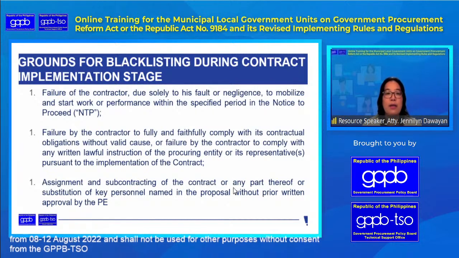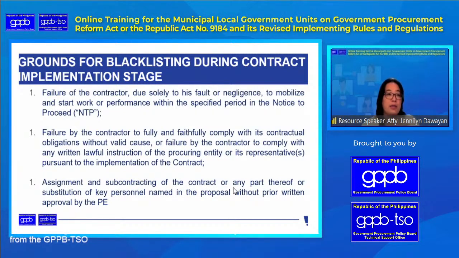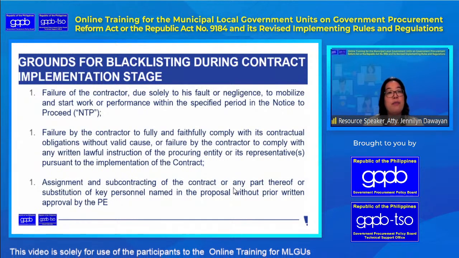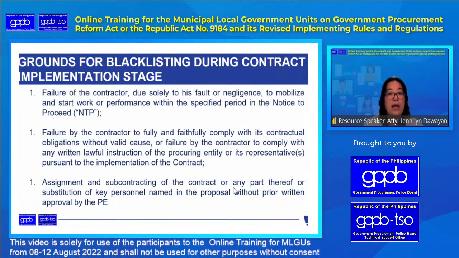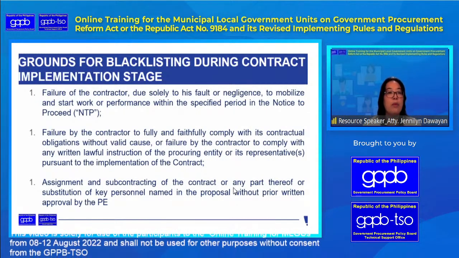And then hindi naman niya in-employ. So sasabihin ni agency sa kanya, contractor, pwede mo na bang i-employ yung competent engineers and technical people, no? Or even if nag-employ siya, hindi naman yun yung tamang tao, no?